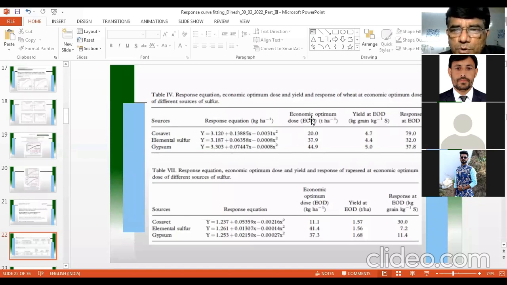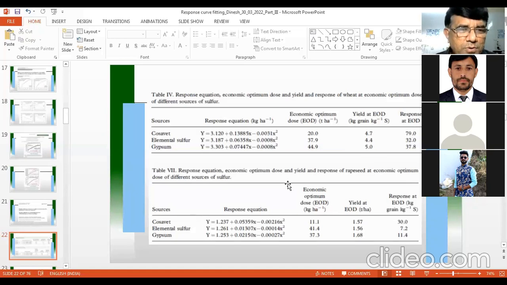In one source, the optimum economic dose was this one. These were different doses for the wheat crop. Similarly, yield at economic optimum dose, kg grain per kg sulfur, and response at economic optimum dose.